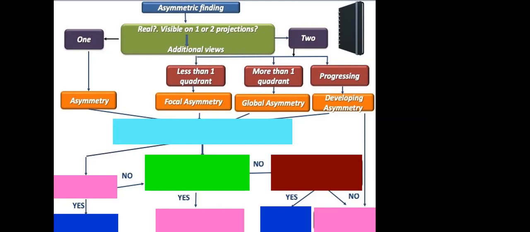Is it just an asymmetry, normal tissue, superimposition, island of normal tissue or normal variance, or a real lesion, or is there any underlying real lesion? So I have to go further with additional work-up. I can do additional mammographic views. What else?